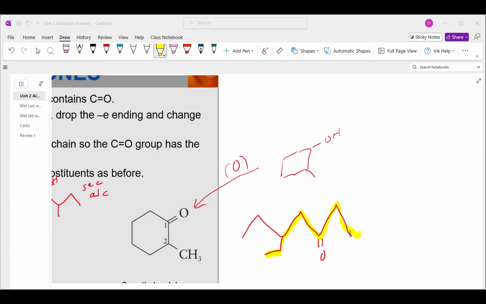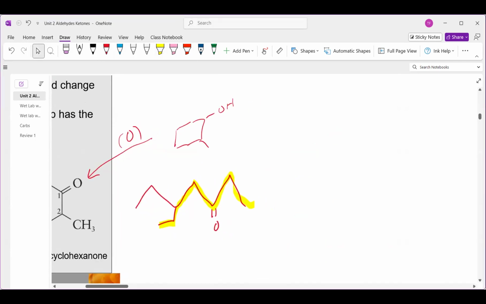Okay. Longest chain. We're looking at 1, 2. Does that have to? No. And we've got a branch.